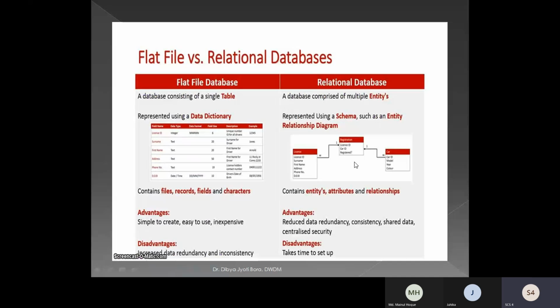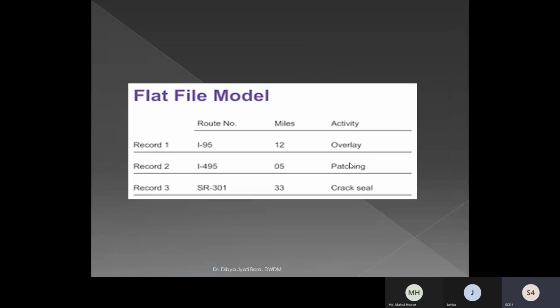So let's compare flat file and relational database. I hope you all know what a relational database is. Can I assume so? Sir, can you repeat the question, please? My question is, I have just explained what a flat file model is.